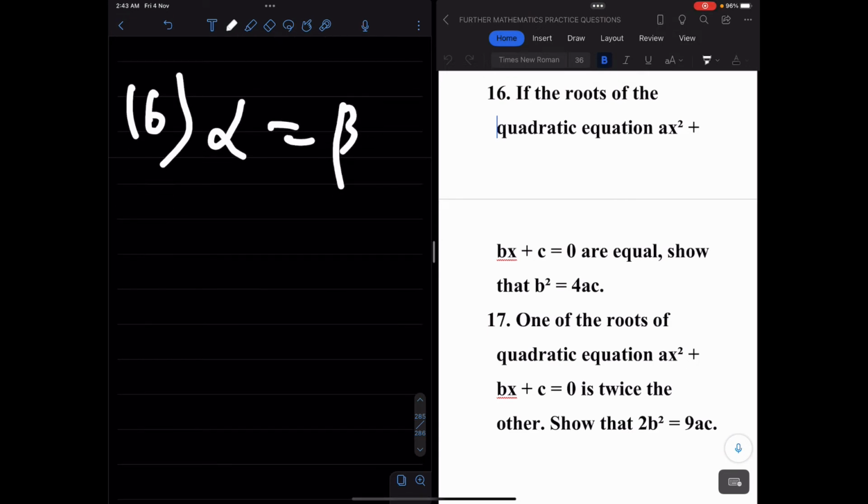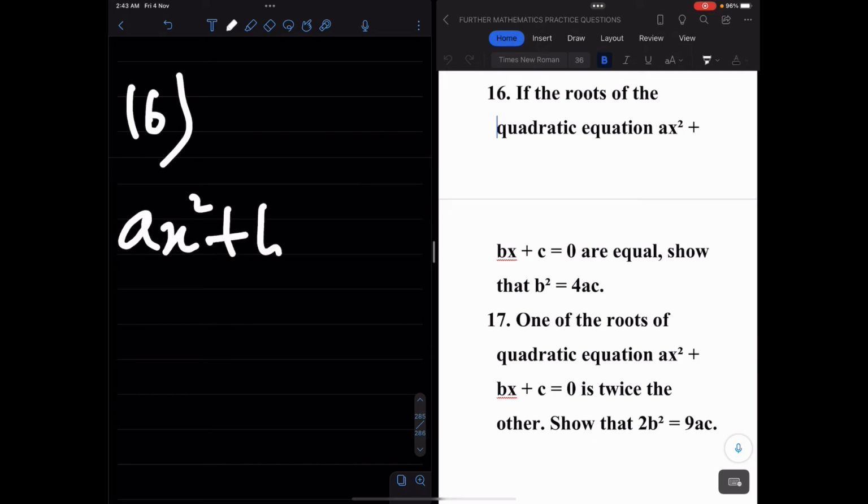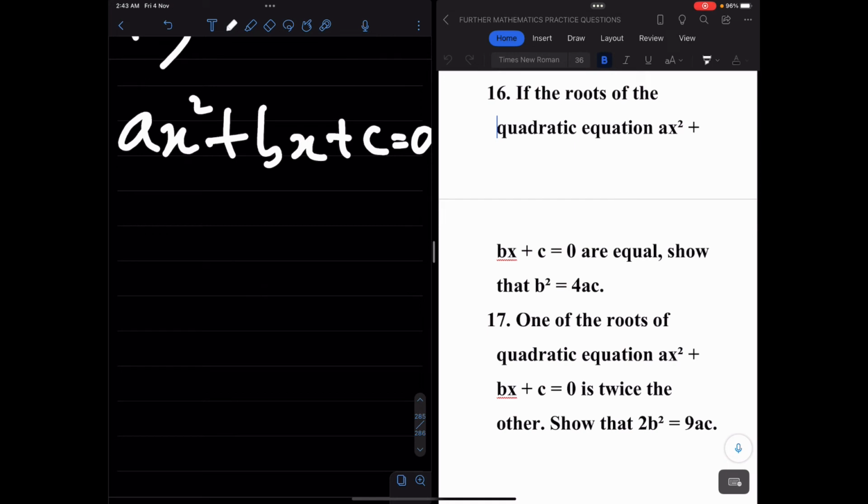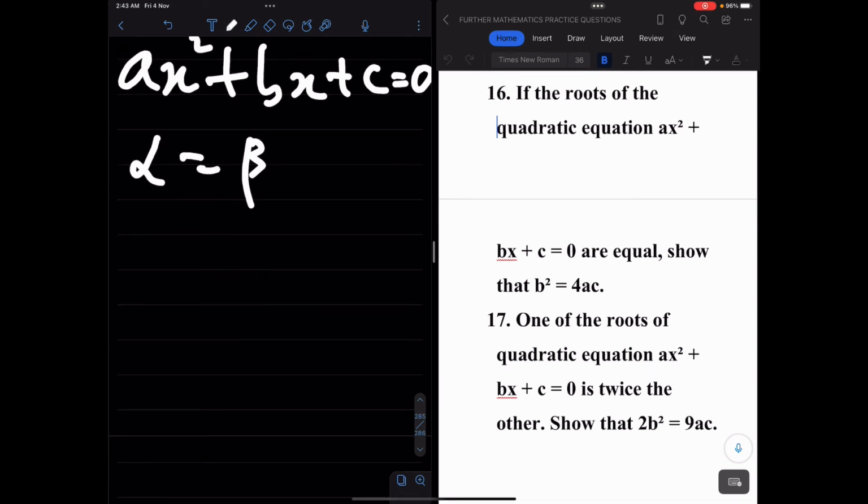Now, the quadratic equation is ax squared plus bx plus c equals 0. Now, I want to show that b squared is equal to 4ac.